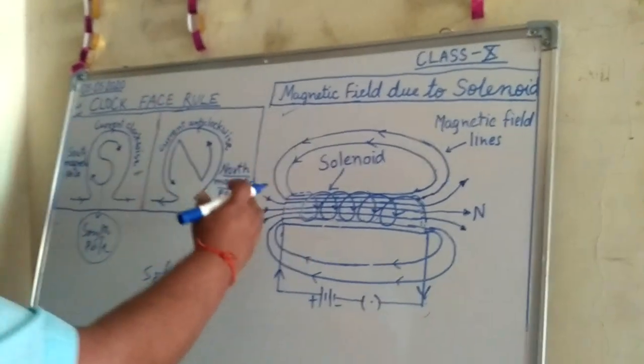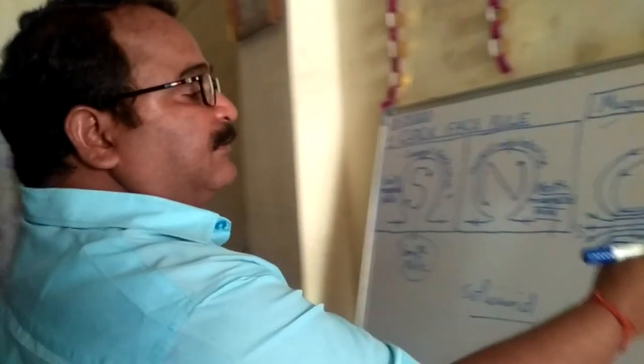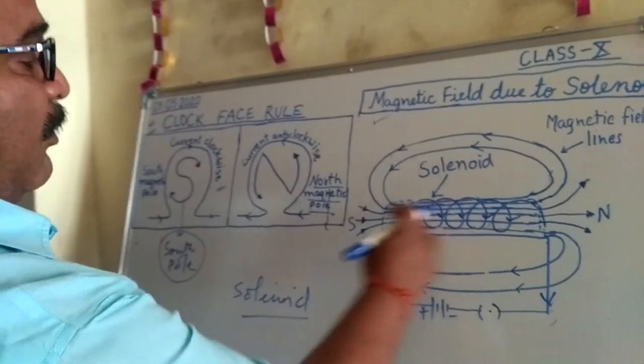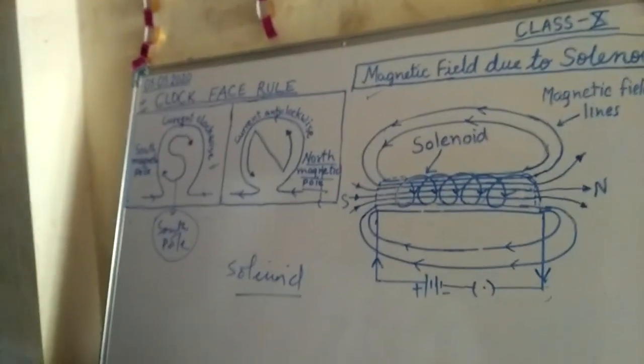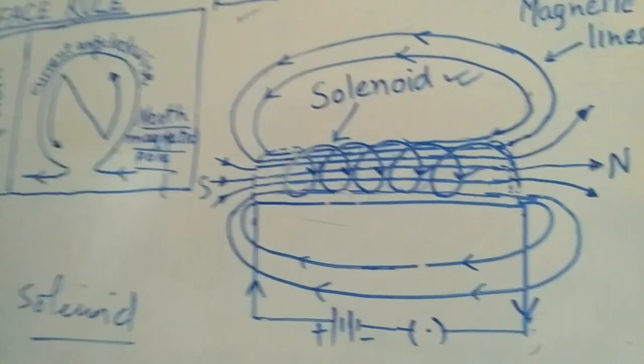As we know, when we trace the path of the magnetic field in a bar magnet, we see that the magnetic field lines always emerge from the north pole and merge into the south pole. And inside the bar magnet, all the magnetic field lines are parallel to each other. Likewise, there is the same behavior in a solenoid.